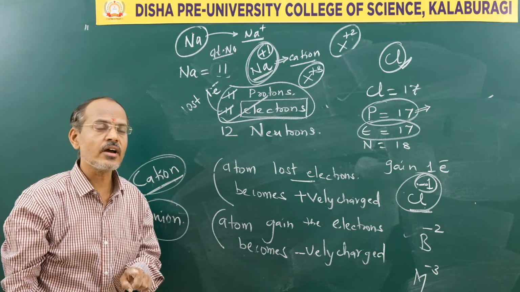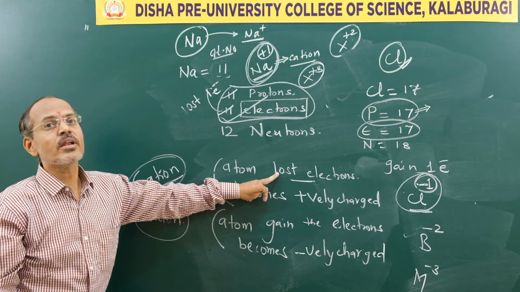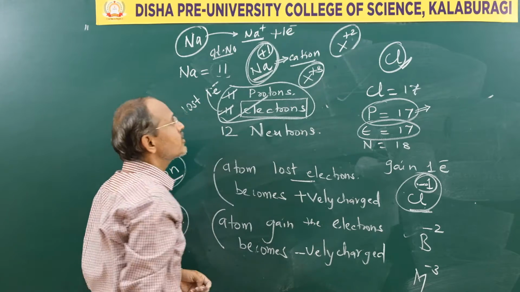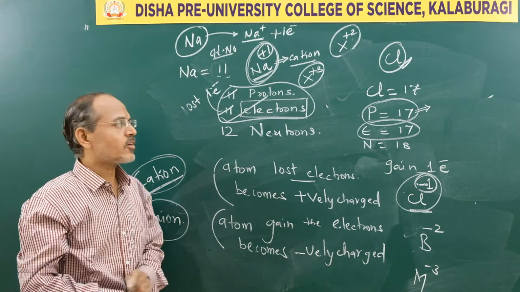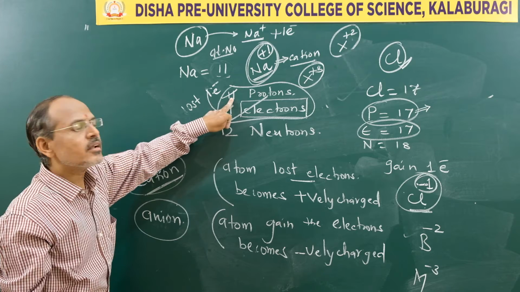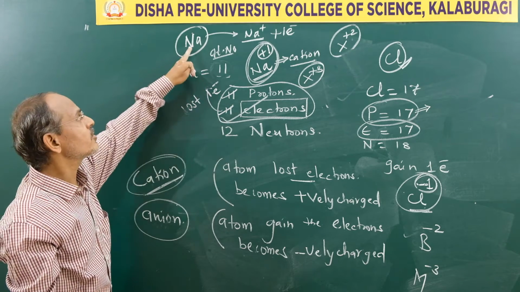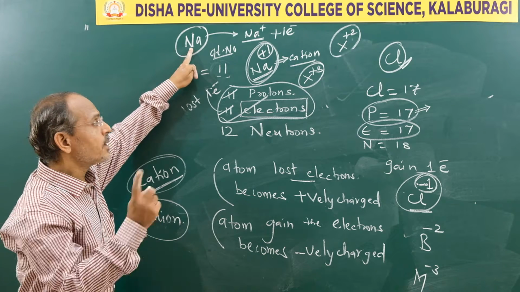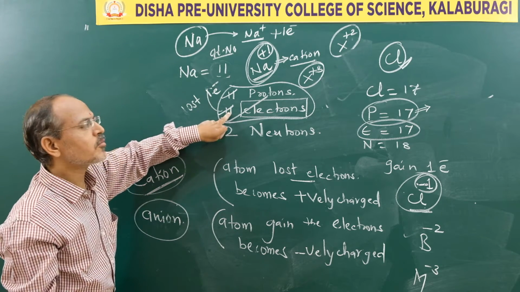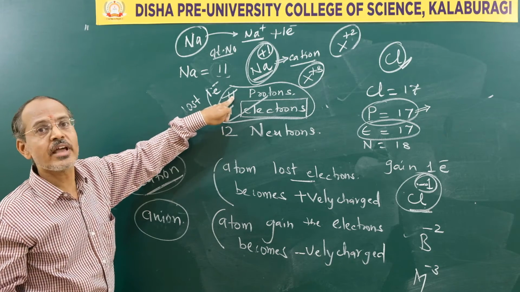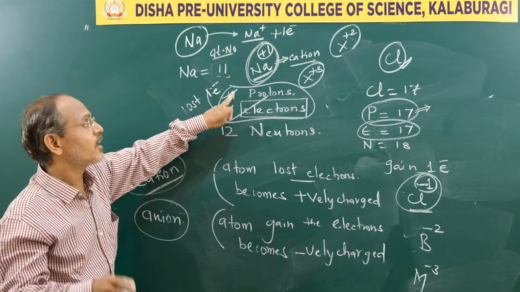Why is it called an ion? Because it lost one electron. Look at the board. Here 11 protons and 11 electrons are there. But after losing one electron, the number of electrons will be 10 and the number of protons will still be 11.